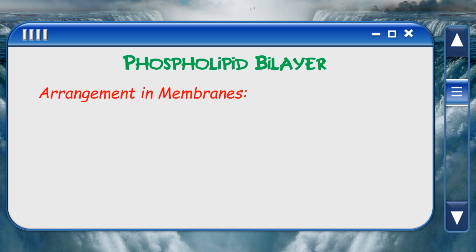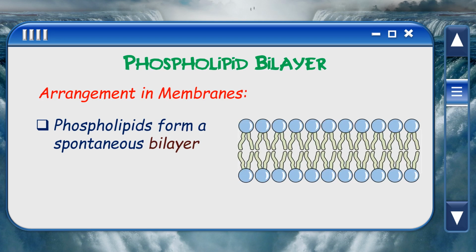The arrangement in the membrane. The phospholipids form a spontaneous bilayer. So we have the first layer up, and then the second layer down.